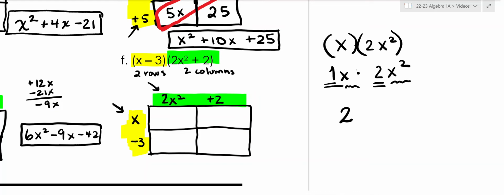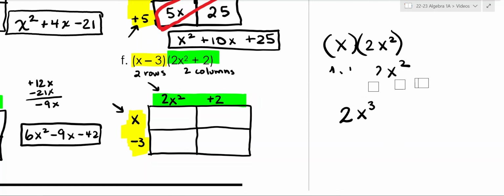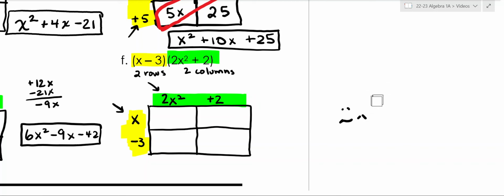I told you this is an understood 1, so this is x cubed. Yes, x times x squared is x cubed. X times x to the 4th is x to the 5th. You can't forget that this is a 1 and you need to add the exponents. All right, review lesson over. I hope you wrote it down somewhere because you're supposed to remember that. So this is 2x cubed.